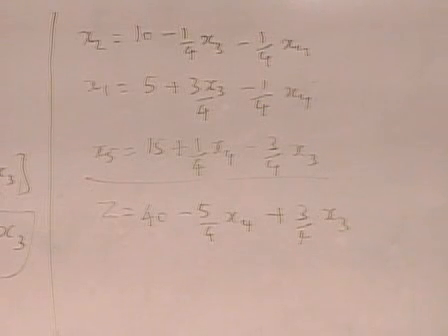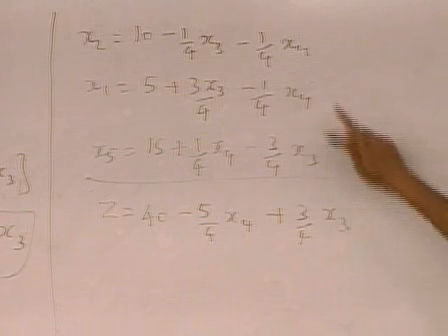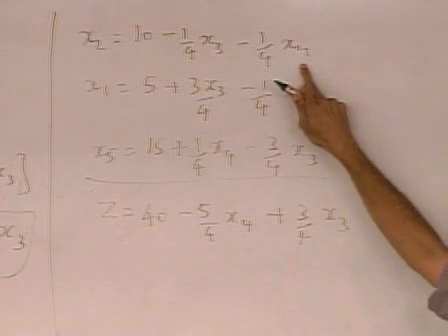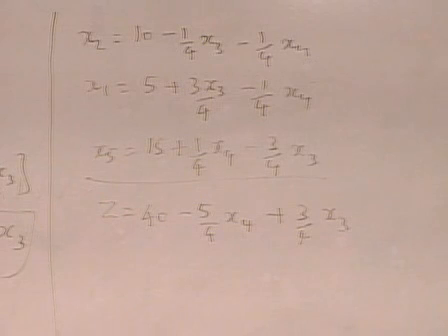So if x3 goes up by 1, this implies x2 goes down by 1 over 4, and x1 goes up by 3 over 4.